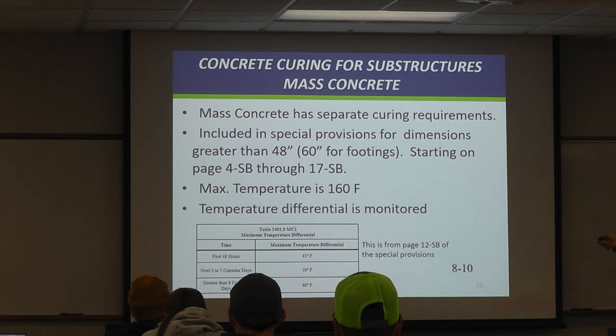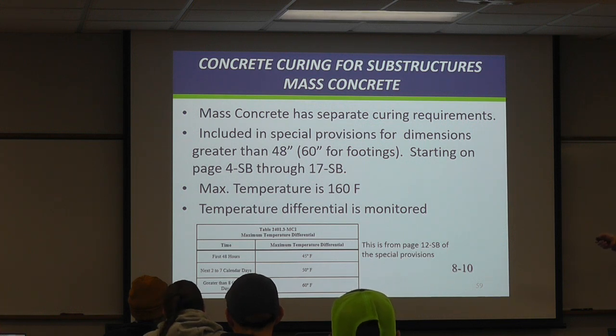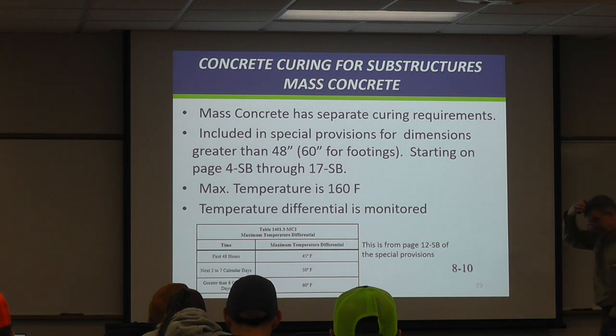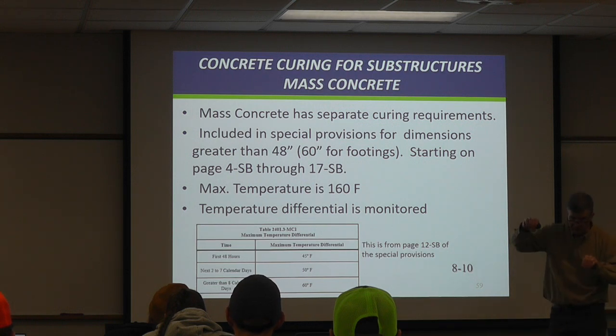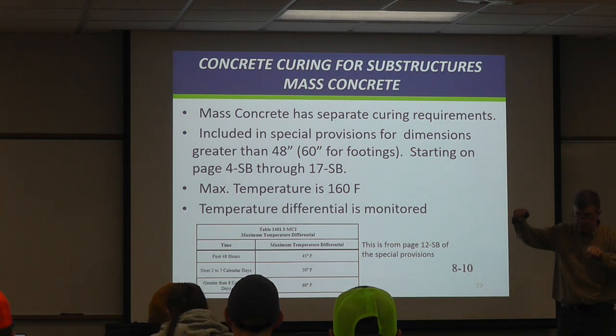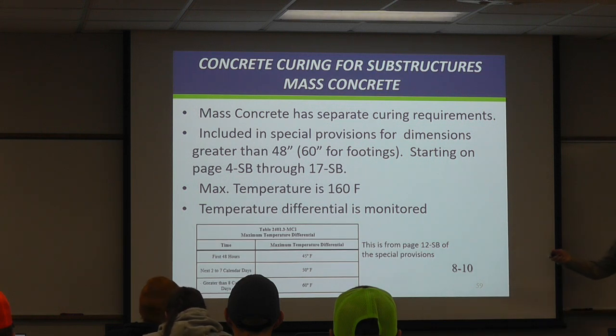And it's included in the special provisions for anything greater than 48 inches, or 60 inches for footings. If thermal heat gets too hot, and the differential between hot and cold on the surface gets too large, you can develop cracks. So that's the reason for this.